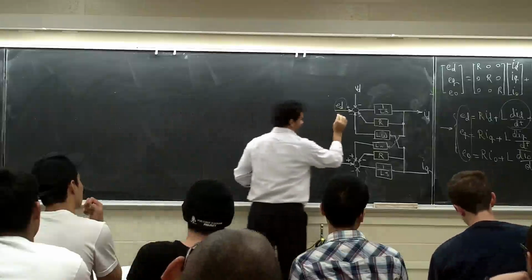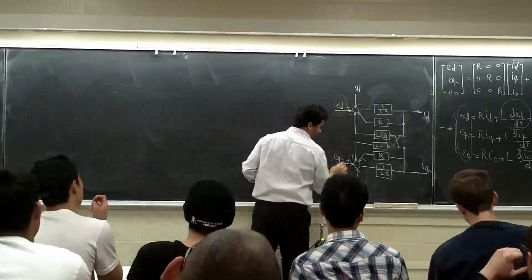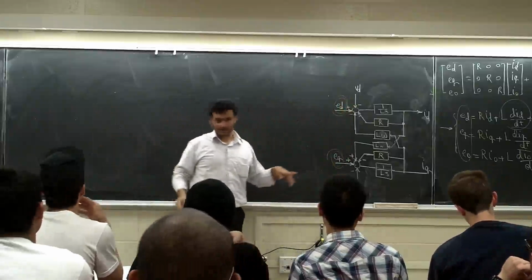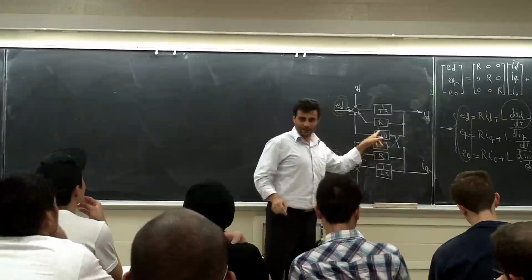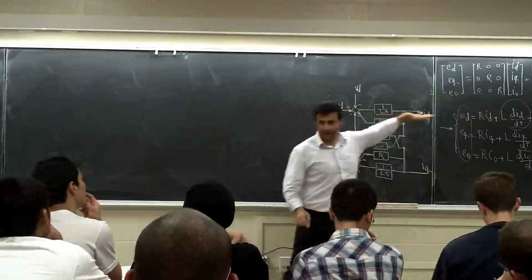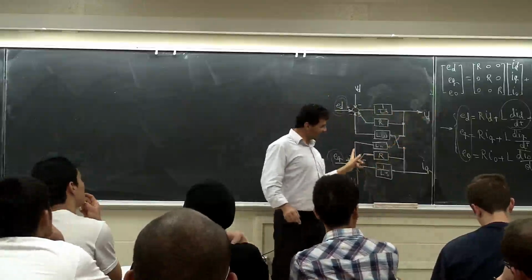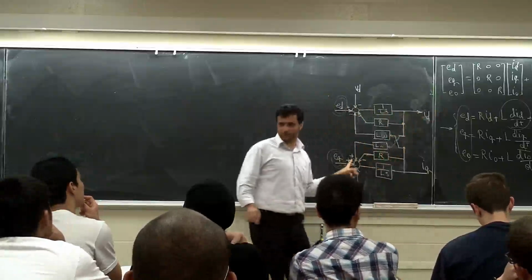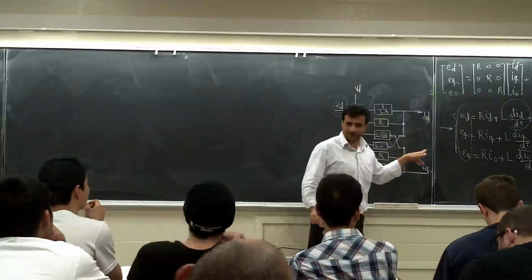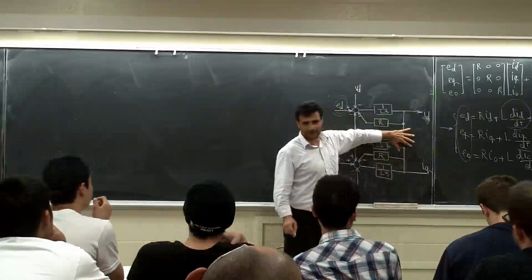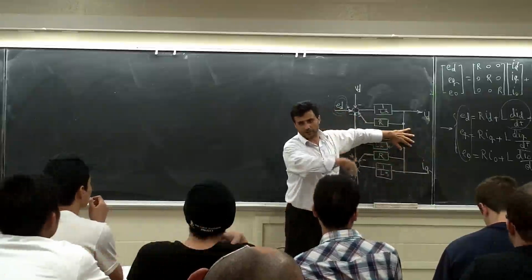I'm going to select these two such that they cancel these two terms. Look at here. This is D axis, but it's getting tied to the Q axis through here. If somehow I can cut this one here, think about it, there are two different independent circuits.